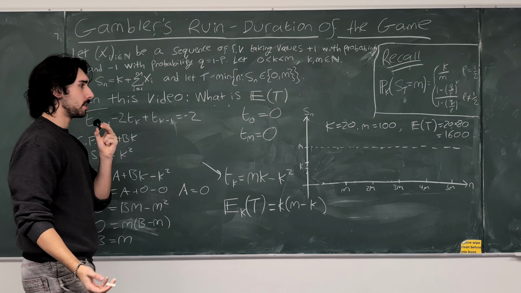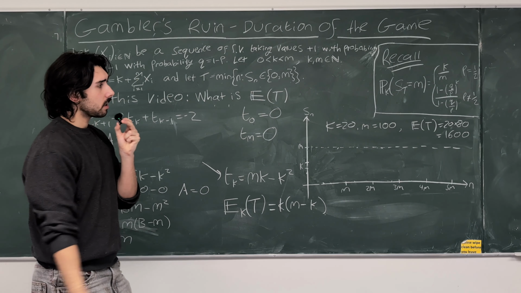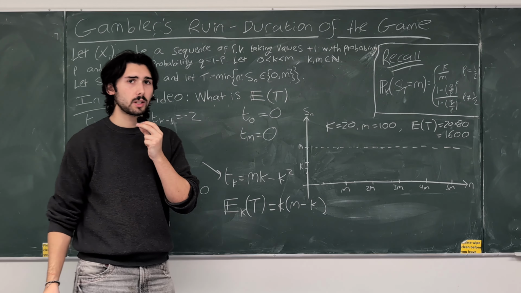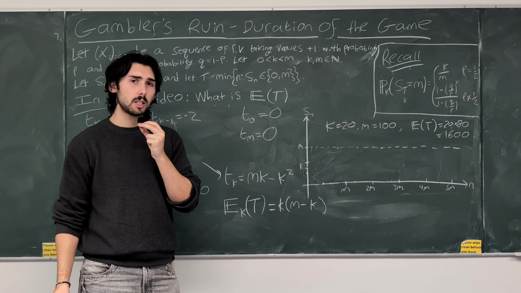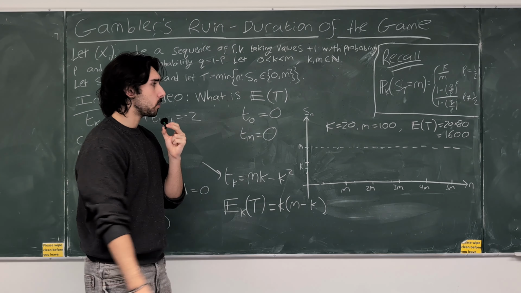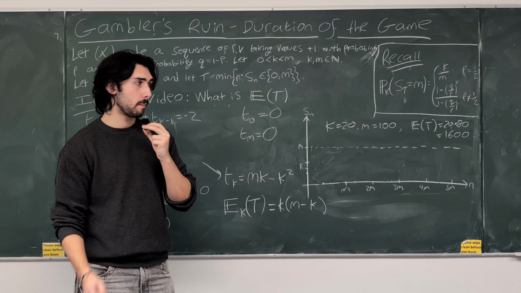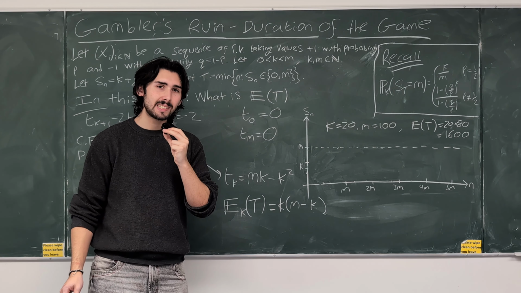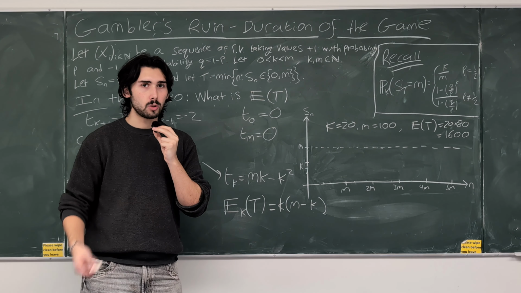Now, I don't know if that's surprising to you, but to be honest, and again, this is a symmetrical random walk, it surprises me how big of a number it is. So if you walk into a casino with £20 and you say, I'm either leaving this casino when I go bankrupt or when I win £100, and you play a sequence of fair games where you win £1 or you lose £1, on average, it would take you as much as 1,600 of these games before you either go bankrupt or you win.